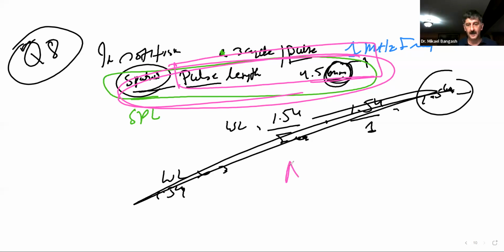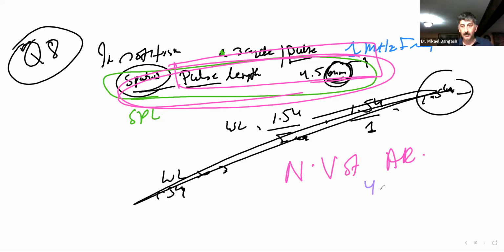If I ask you what the axial resolution is, what is the numerical value, you may say that's just this 4.5 millimeters, your spatial pulse length, divided by 2.